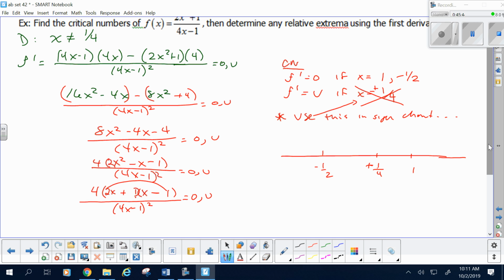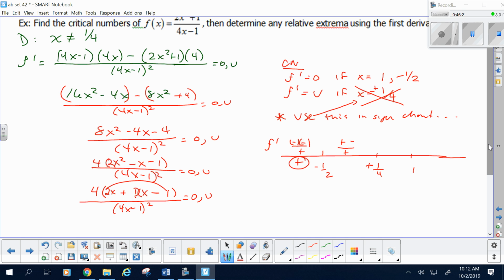Yep. Okay. We're sign testing the derivative now, and this is pretty gross. So, give me a region or a number left of negative 1/2. Negative 1 million. Positive, negative, negative, and the bottom is always positive. So really, I just need to focus on these. Therefore, in that region, the derivative is positive. When I go over negative 1/2, like maybe it's 0, I get positive, negative in the top. The bottom is always positive because it's squared.